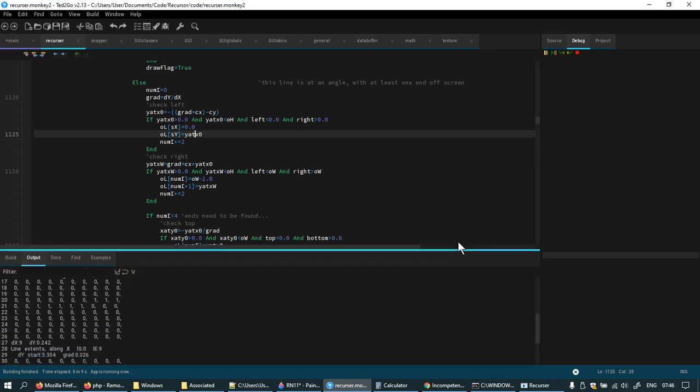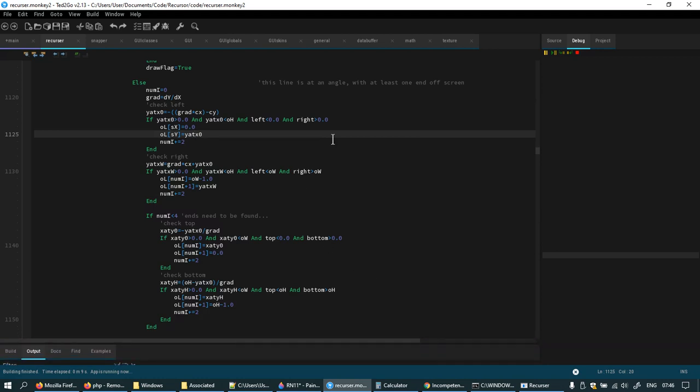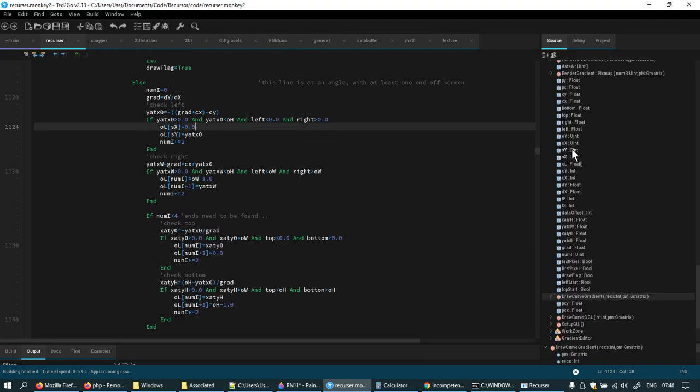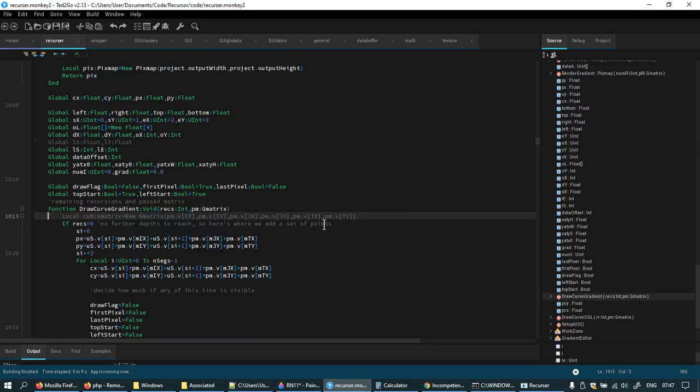And what was it said? Yeah, going along X, so it's always getting that bit right. And I am sure start X 0, start Y 1, end X 2, end Y 3. Don't see how that can be causing any problem. Really just don't.